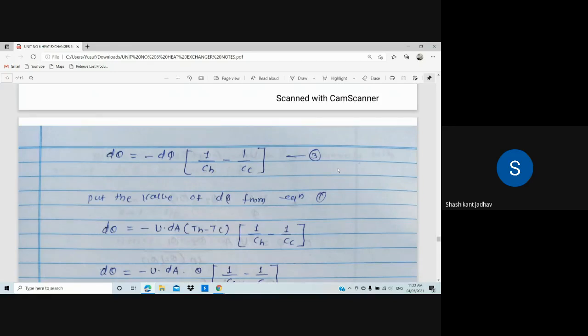So we get the equation d theta is equal to minus dQ into bracket 1 upon Ch minus 1 upon Cc, and that is equation number 3. We get the equation for d theta.